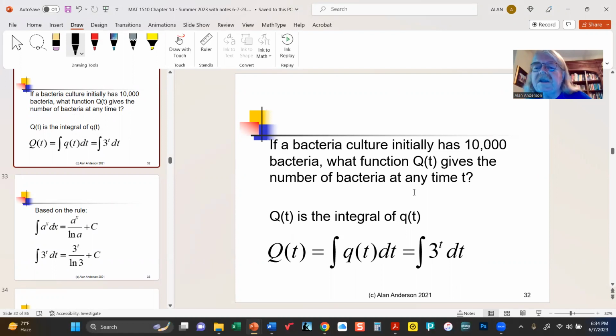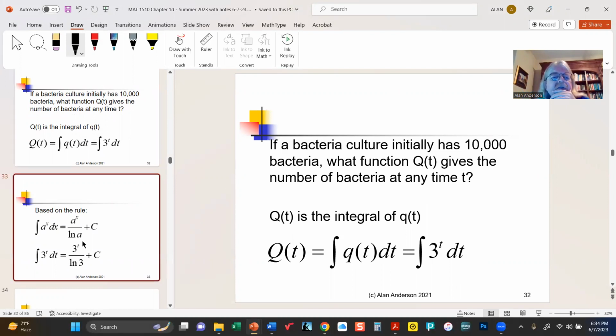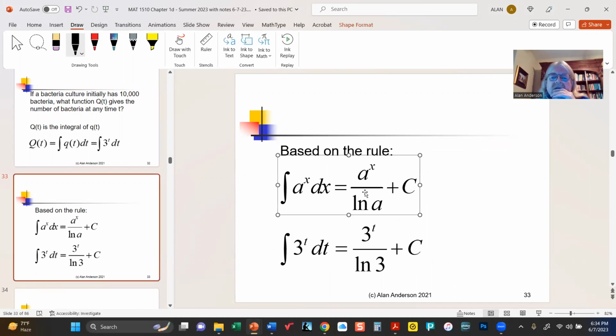And then I can substitute t and find out what the function looks like. Now, for this one, we're going to need to go back and revisit this rule right here, because our function is a constant.